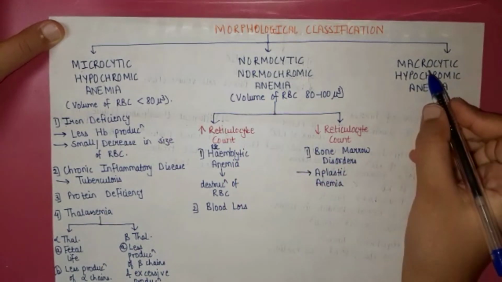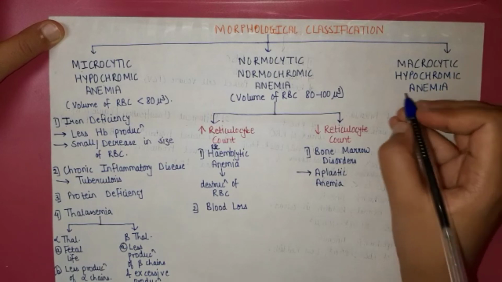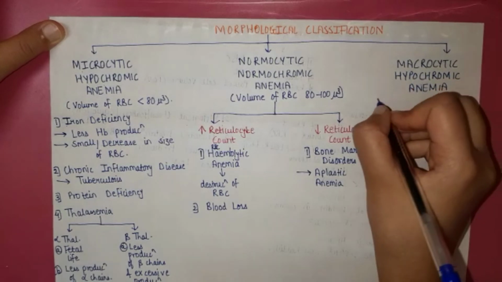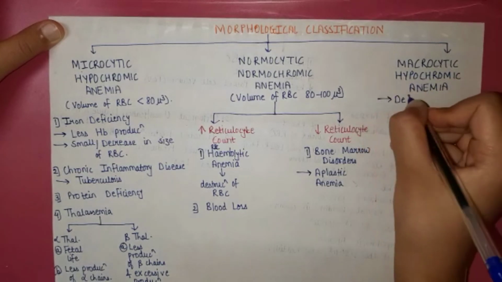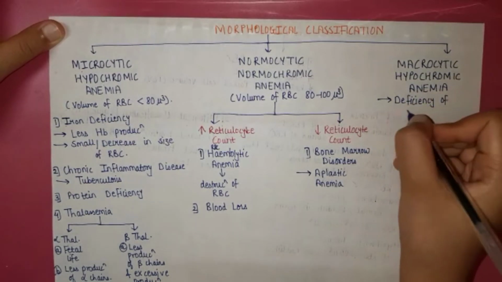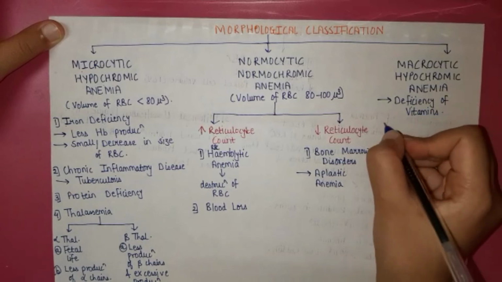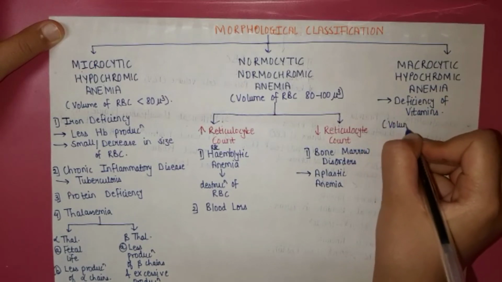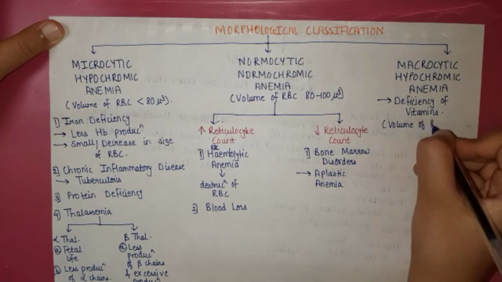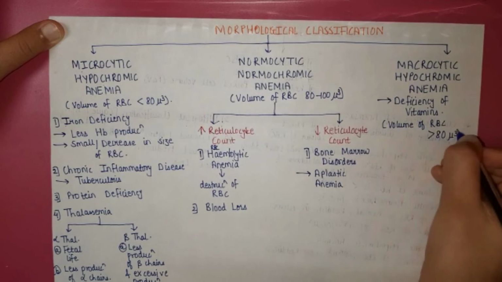So this was regarding the normocytic normochromic anemia. Now the last type we have is the macrocytic hypochromic anemia. Now this type of anemia is majorly caused due to deficiency of vitamins. And as we saw, the volume of RBC is greater than 80 micron cube.